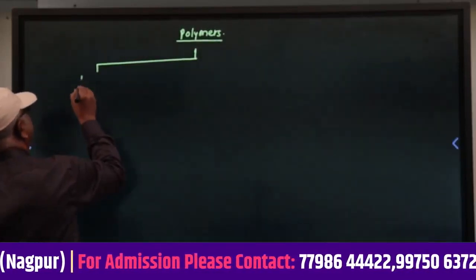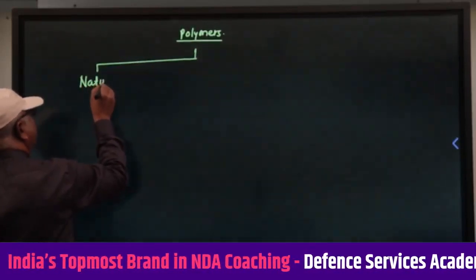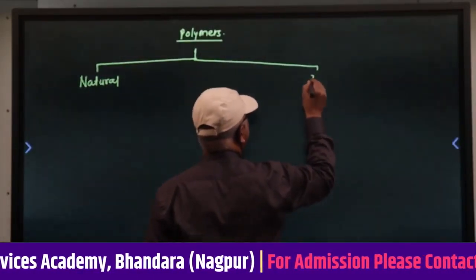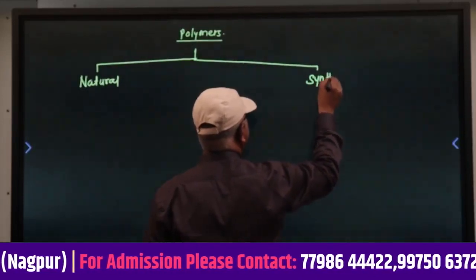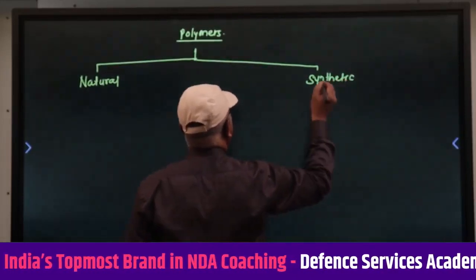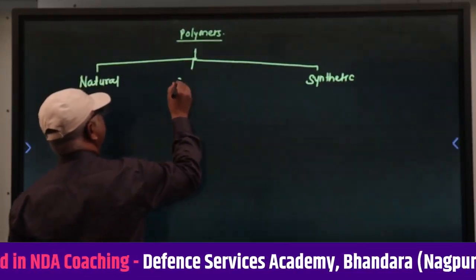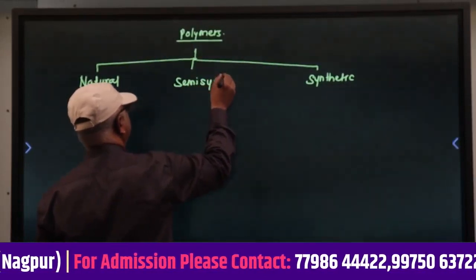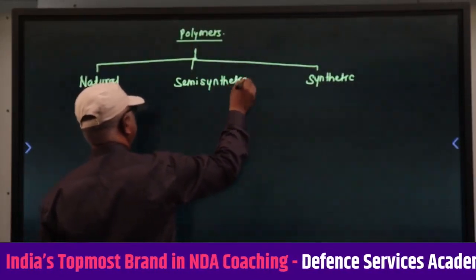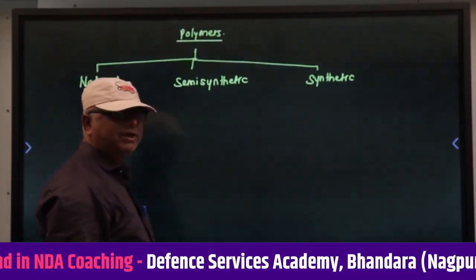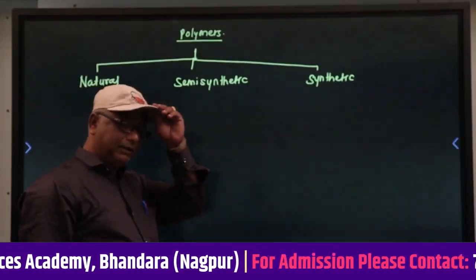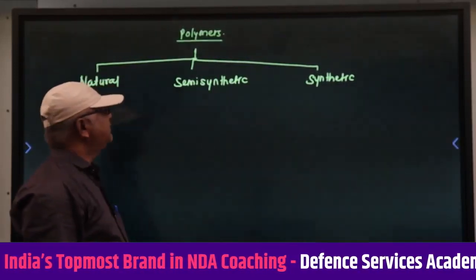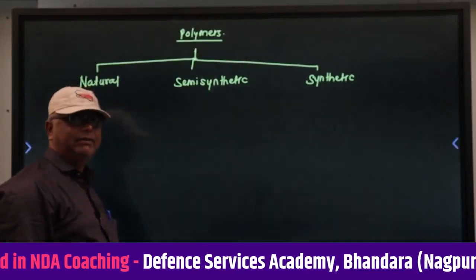One is natural polymer, another is synthetic or artificial polymer, and the third one is semi-synthetic polymer. Depending upon their origin, depending upon their sources, these are classified into natural polymers, semi-synthetic polymers, and synthetic polymers.